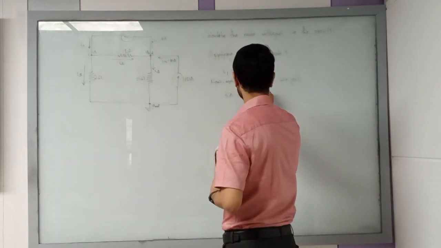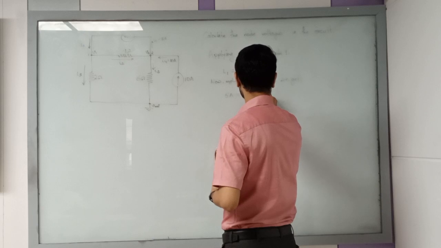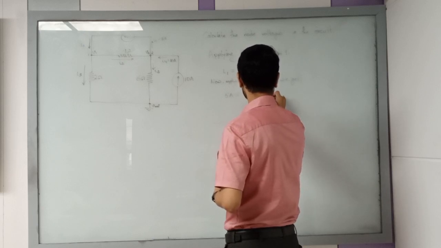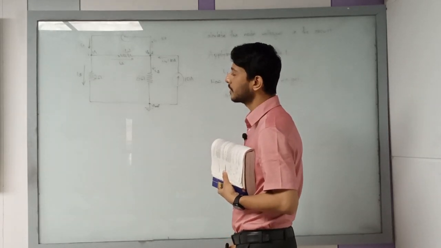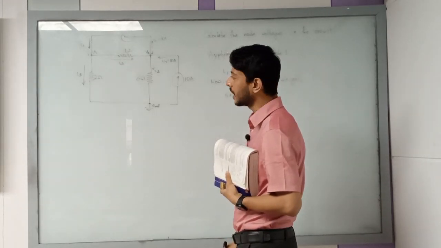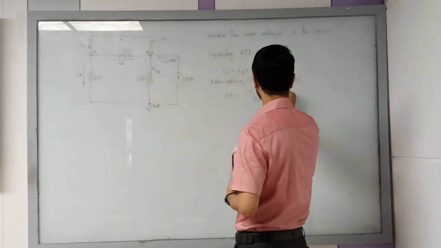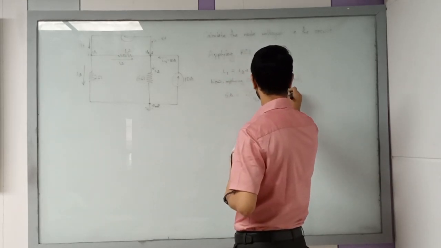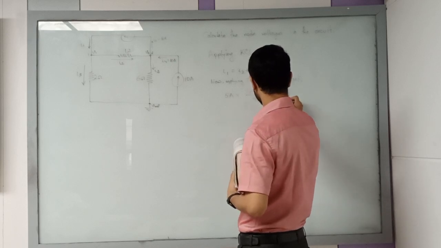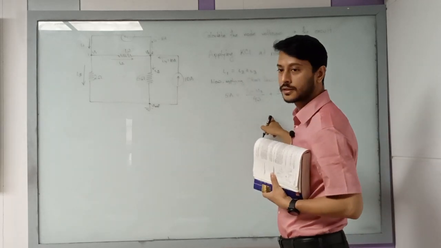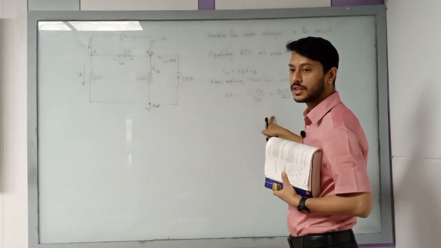Plus, what is I3? V1 minus 0 divided by 2 ohm. So this is my equation in terms of voltage.